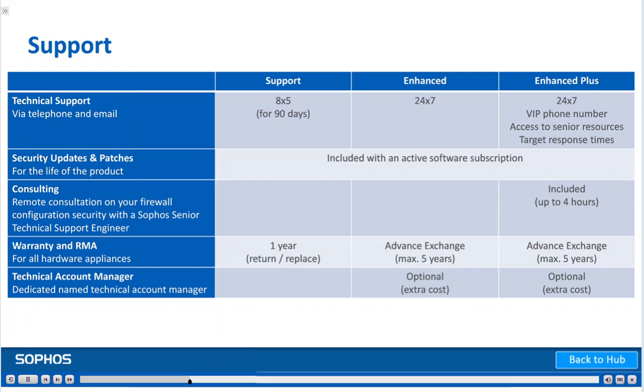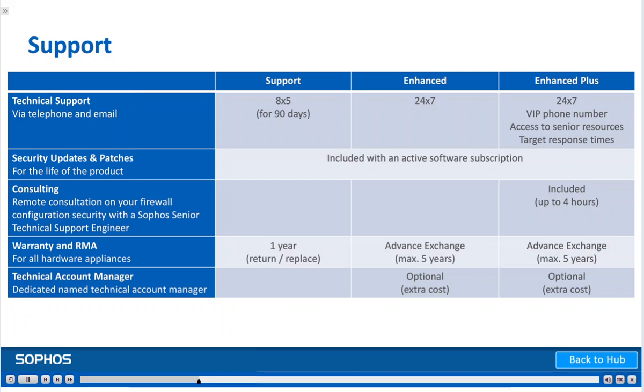Enhanced Plus, which covers 24x7 technical support, a VIP phone number, access to senior support resources, and a target response time along with advanced RMA as long as the support contract remains valid.